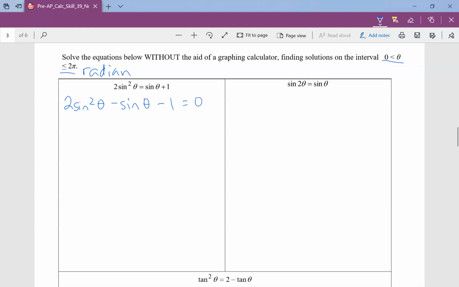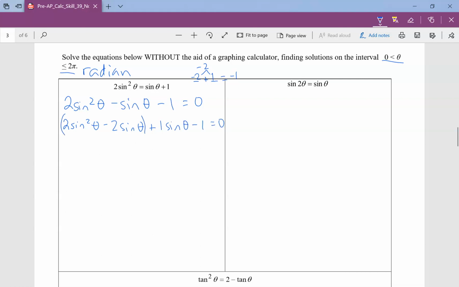And looking at this, I can factor with my tree, so what multiplies to negative 2 and adds to negative 1? Well, it's negative 2 and positive 1. So 2 sine squared theta minus 2 sine theta plus 1 sine theta minus 1.